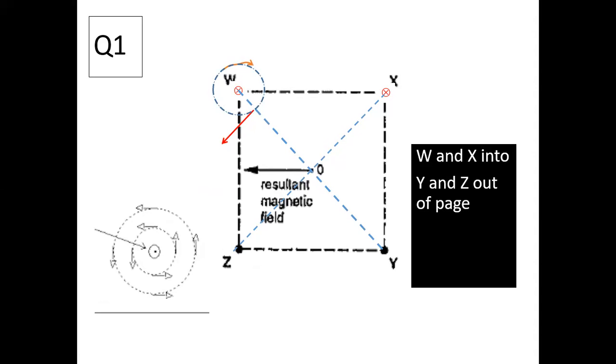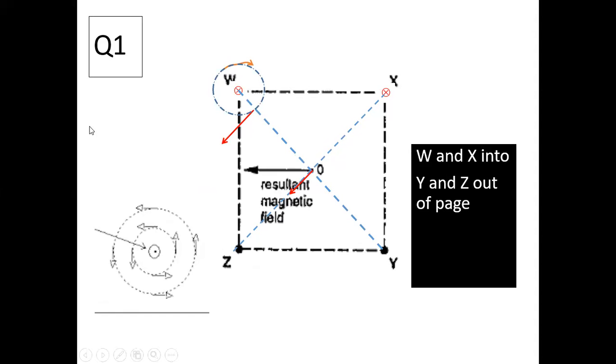Or thumb going into the page, so your fingers tell you it's going clockwise. That's why it's clockwise. So the field at this point is a tangent to the circle. So it means at this point, it will still be the same as this direction. That's what we get.